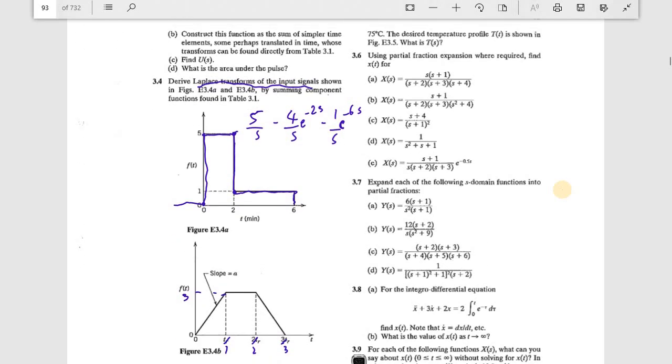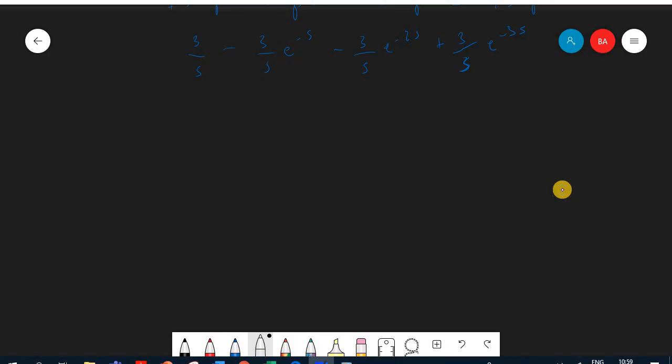Going to 3.6, a huge partial fraction was required. You know the story of partial fraction, right? I don't like to waste a lot of time finding A, B, and C, so I will not go through all the details.